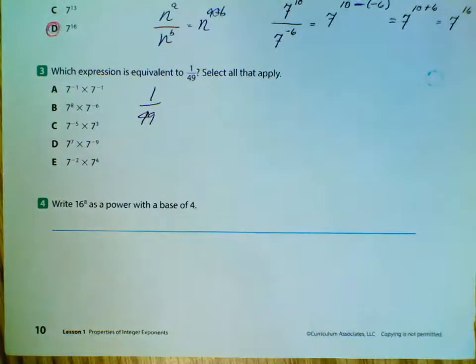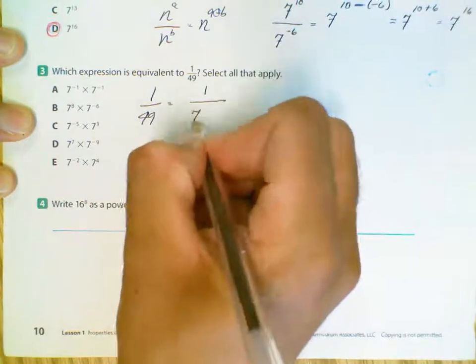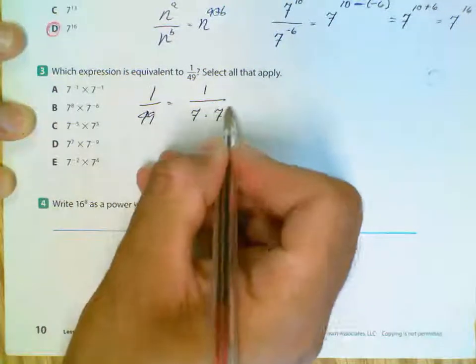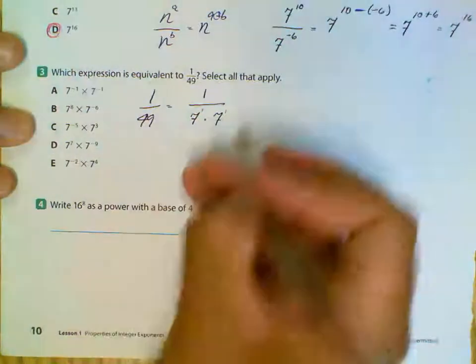I know 49 is 7 times 7, from multiplication tables. So I know 49 is equals to 1 over 7 times 7. If I don't have an exponent, that means it's 1. Okay? So look at this one.